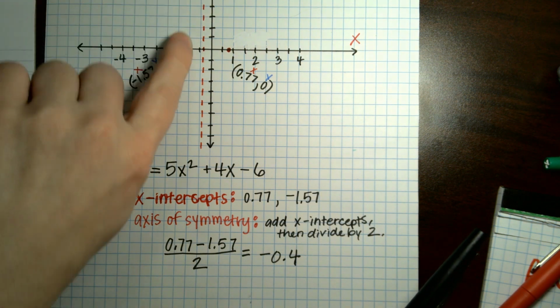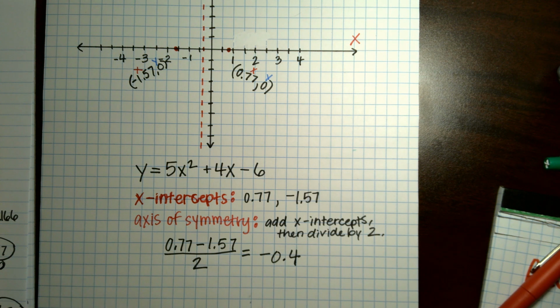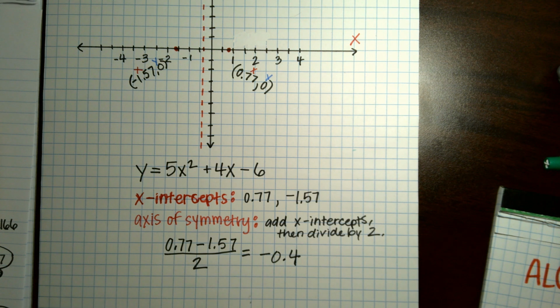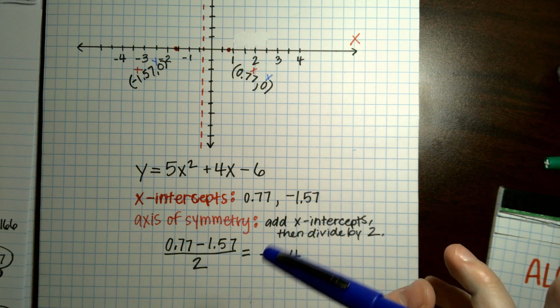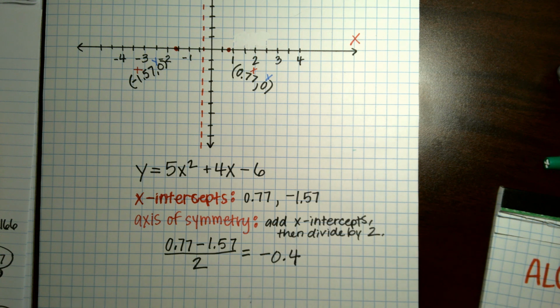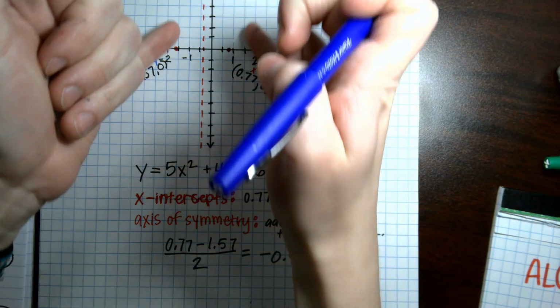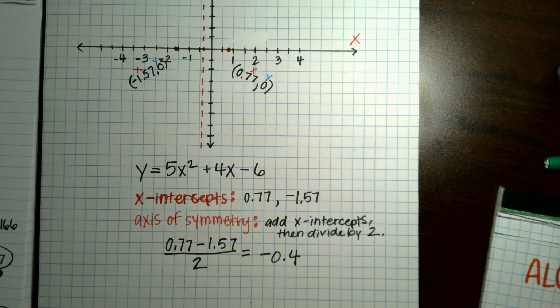Okay. So we've got our axis of symmetry. All we're missing is a vertex. Has anybody ever heard that word before, vertex? That's okay. I think I've said it before.